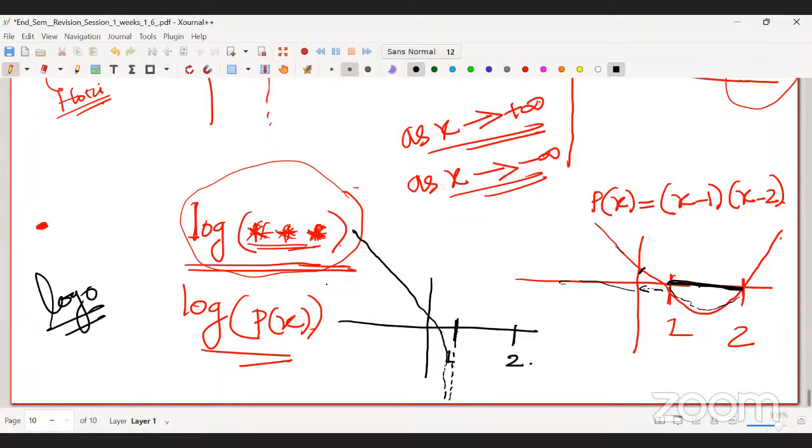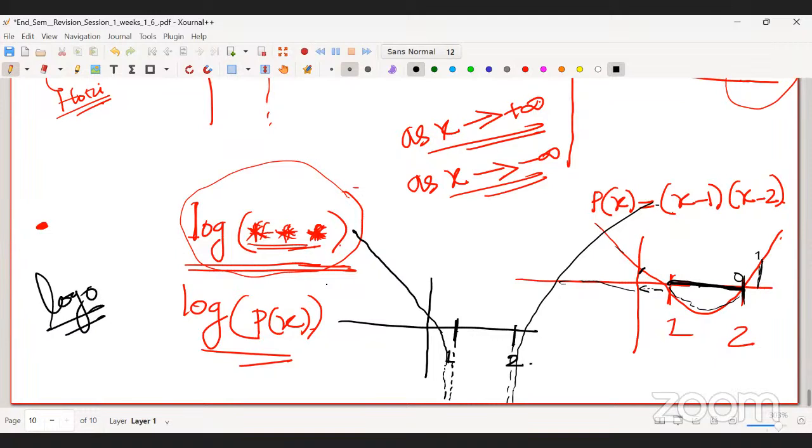Similarly, the same thing will happen around 2 as well, so again we get an asymptote here. This will be the rough graph of log of p.